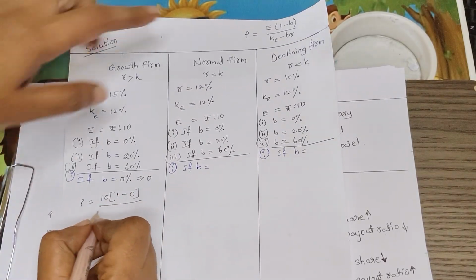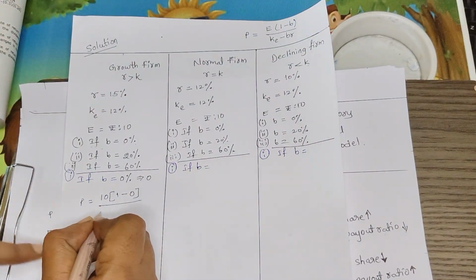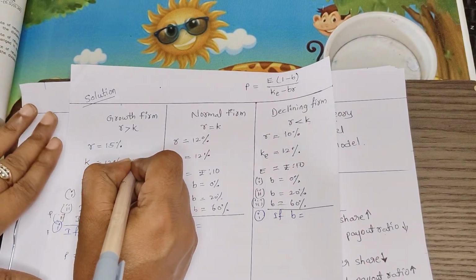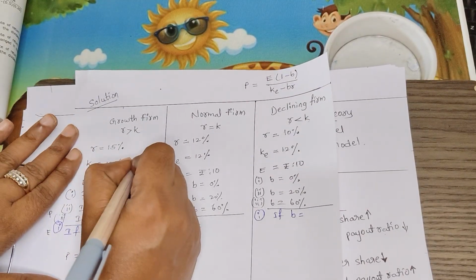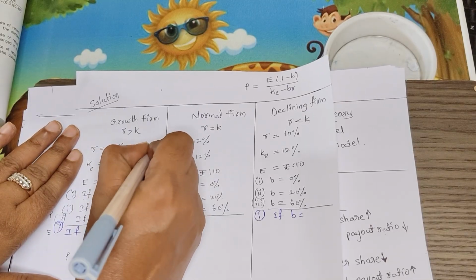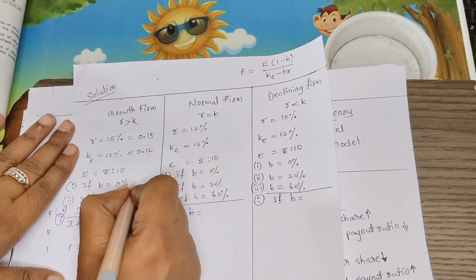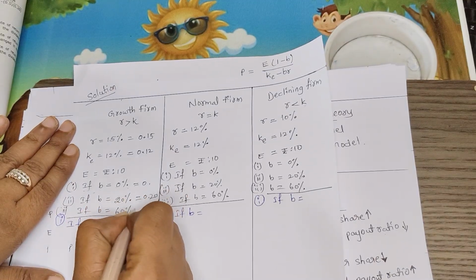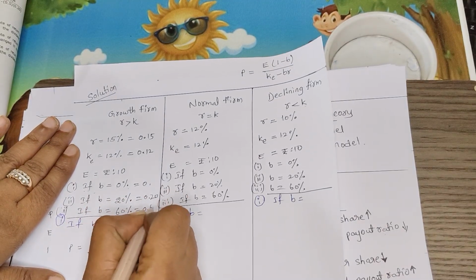Divide by KE. What is KE? 12%. That percentage is converted into decimals, 0.12. R is equal to 0.15. Okay. So here 0% is nothing but 0, here 0.20, here 0.60.